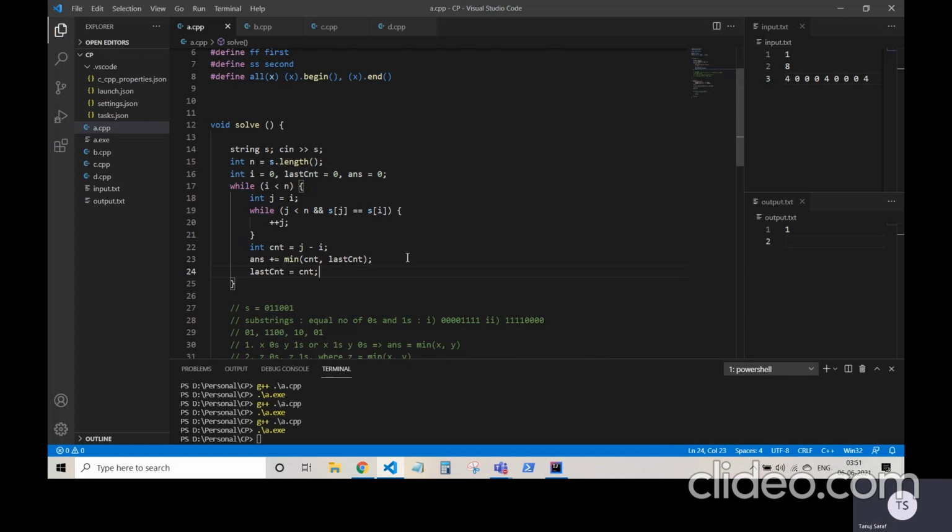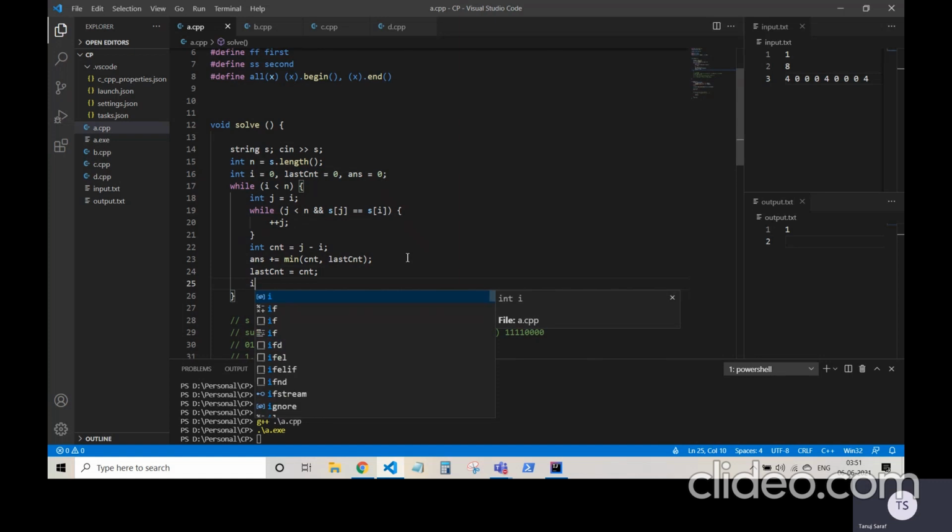Since after this we will be moving ahead, this current segment would become the previous segment, and in the next iteration when we enter the loop, we will be finding the next segment of equal characters. So we need to update pointer i as well. In this loop, when j is incrementing, it goes till s of j is equal to s of i.